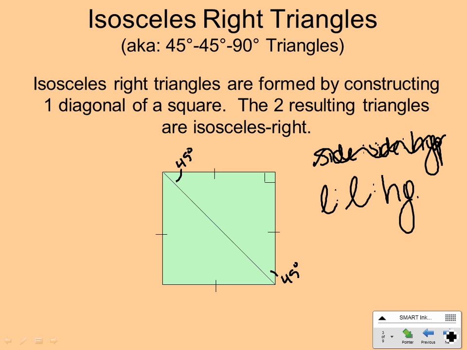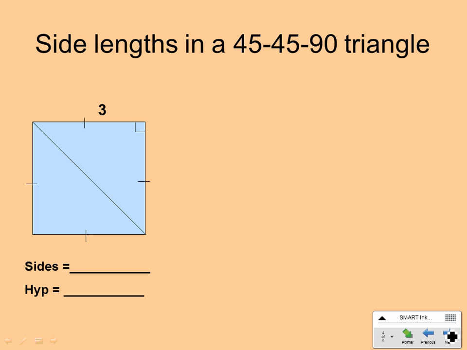Okay, so we're basically going to find a formula that goes along with the ratio of 45, 45, 90 triangles, in terms of the side length. So, first up, side lengths in a 45, 45, 90 triangle. My square has lengths of 3, so that means 3, 3, 3 all around. How am I going to find the hypotenuse?